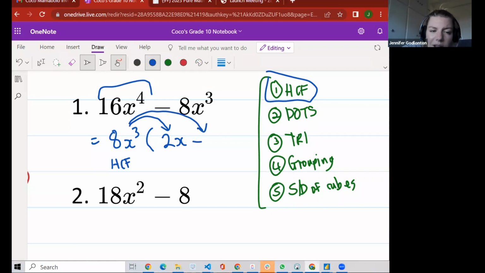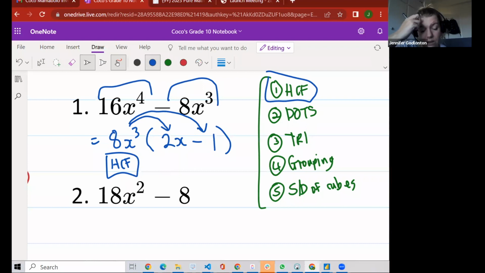And what am I going to multiply 8x cubed by to get 8x cubed? 1. So 8x cubed times -1 will give me -8x cubed. And so that would be my final answer. So all I'd want to do in this one is take out our highest common factor. Hopefully that made this one make a little bit more sense.